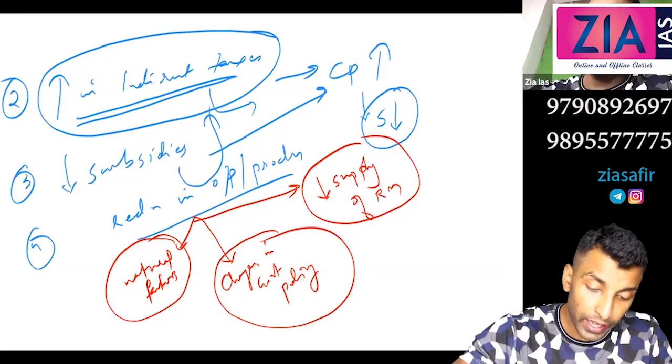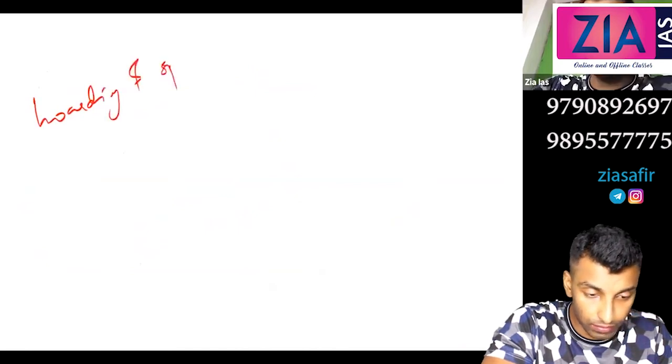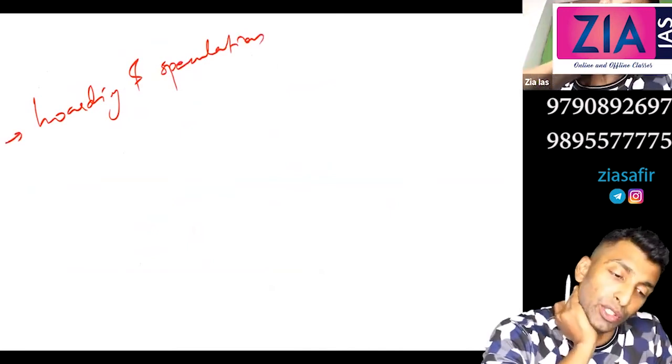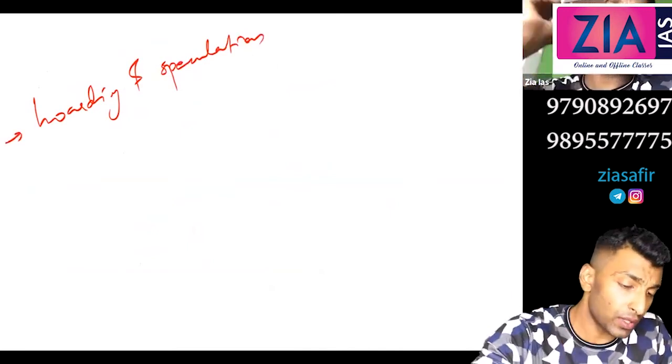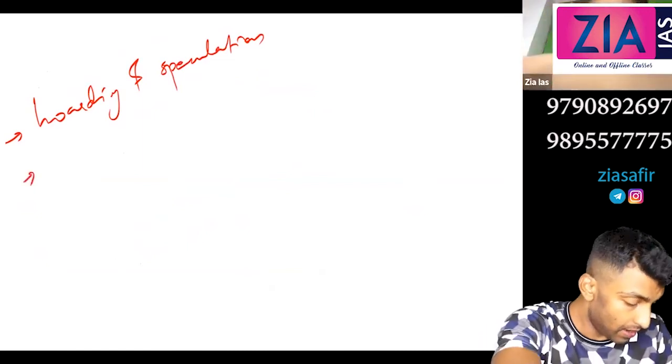Next point you write hoarding and speculation. Because the supply will come down, that is also directly connected. Next you write defective supply chain.